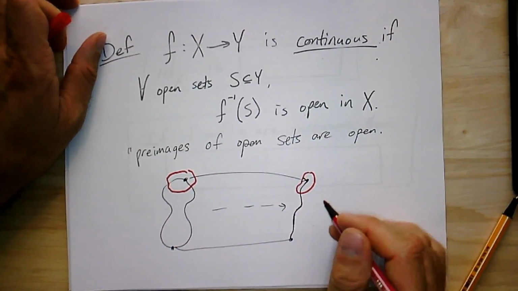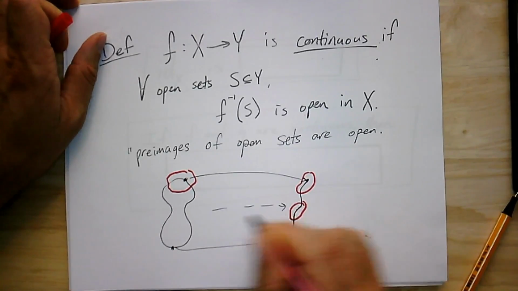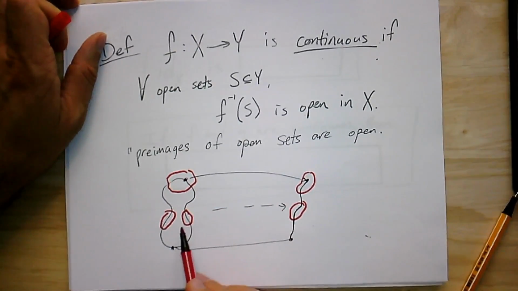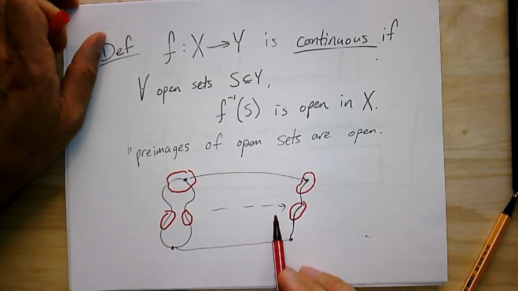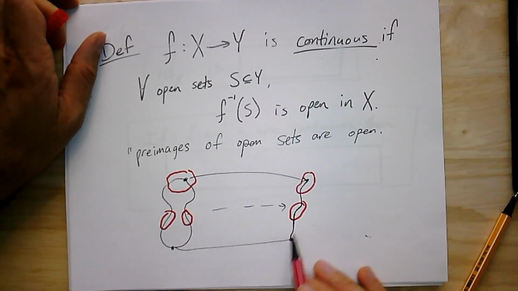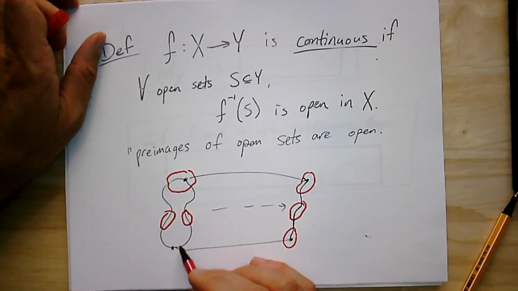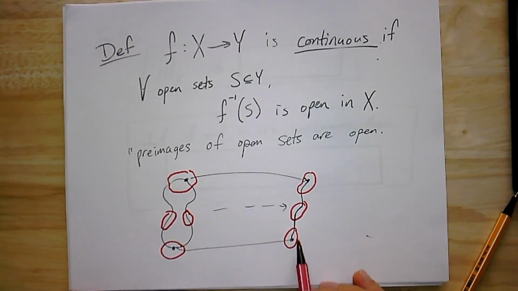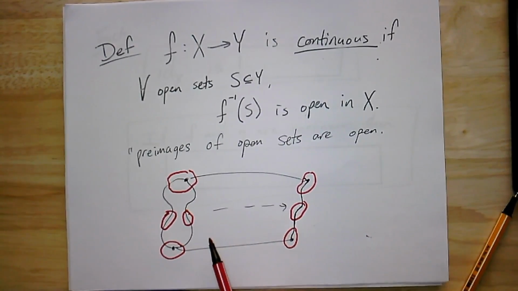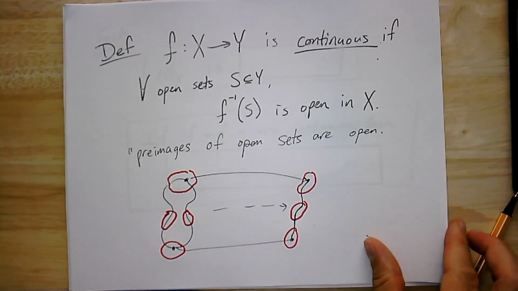And since I can take the union of two open sets as open, like if I look over here, I might see two pieces in the preimage, and again, that's okay, right? So the union of two open sets is still open. So if I look at any open set over here, I pull it back, look at the pre-image, and ask, is it open? And if that's always true, then the function is continuous.